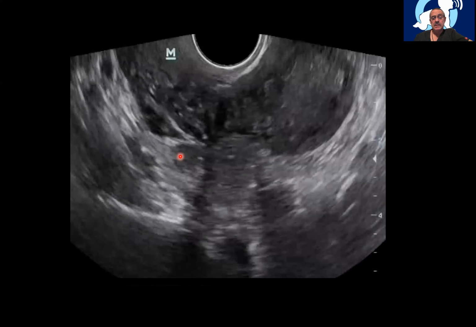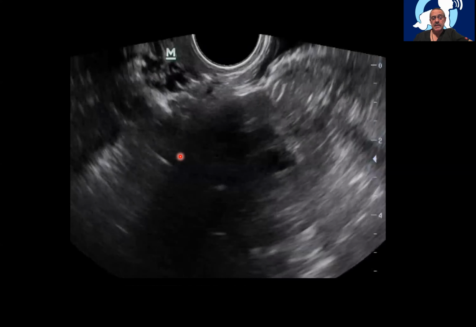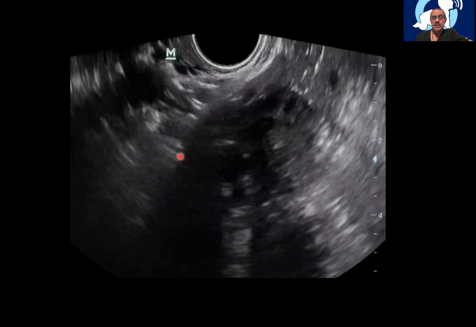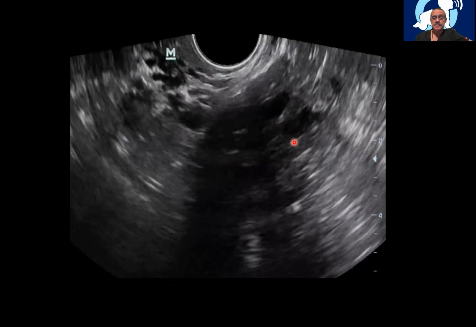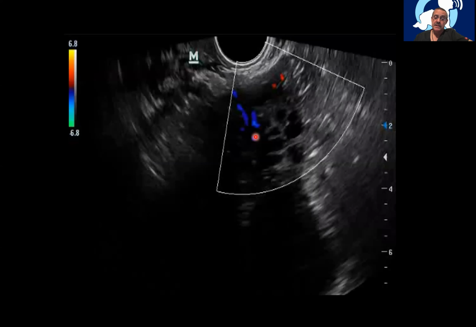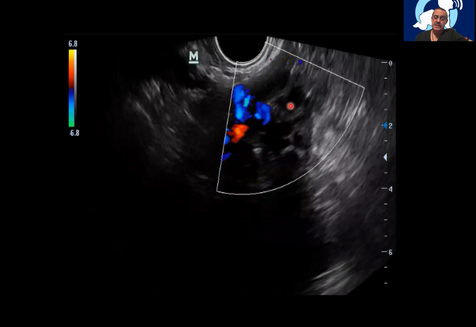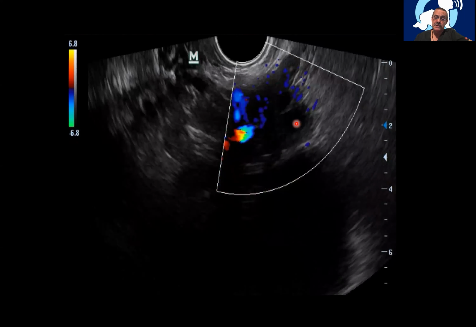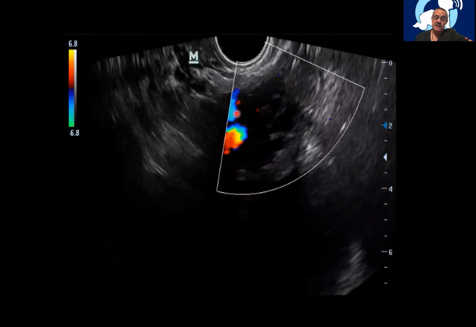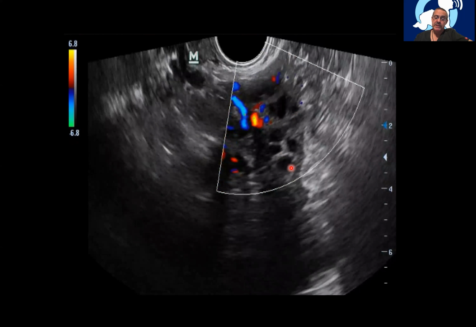Vaginal. Ovary. No cyst inside. The opposite side ovary with follicles. Those are not veins or arteries. These are veins and arteries. These are follicles. See, we improve the image.